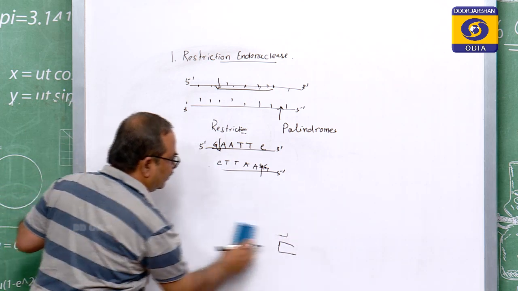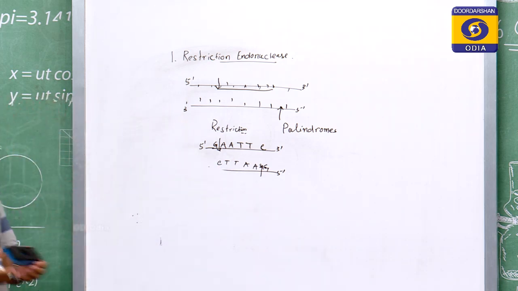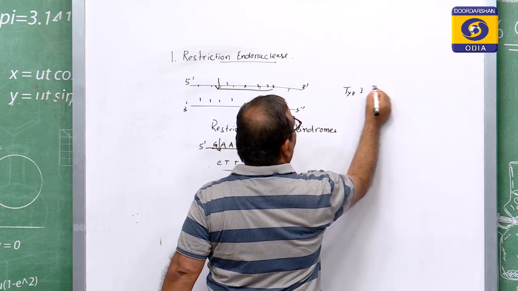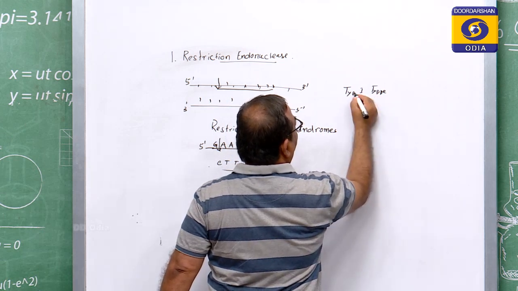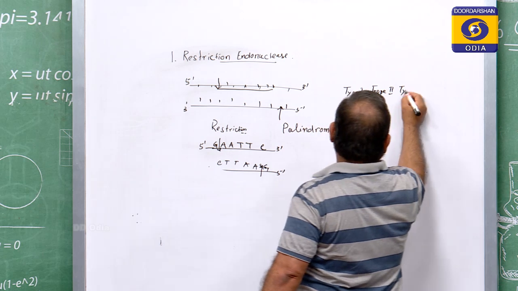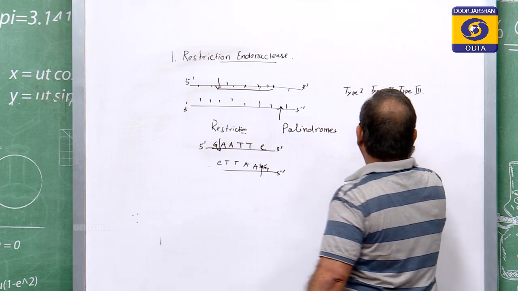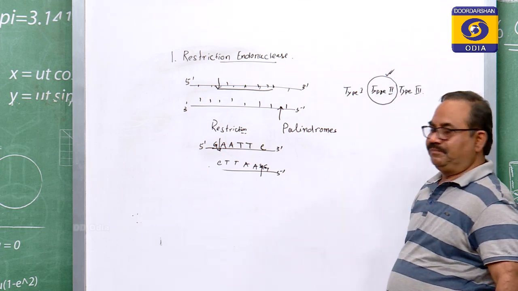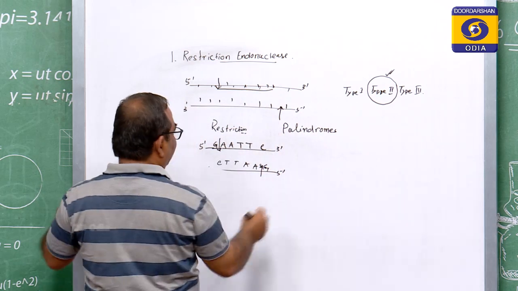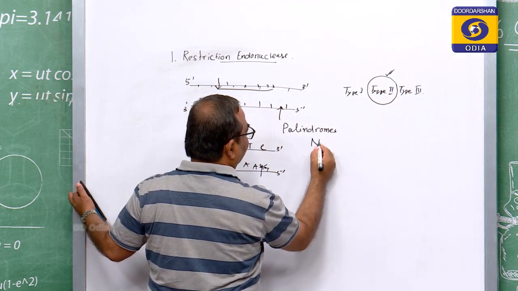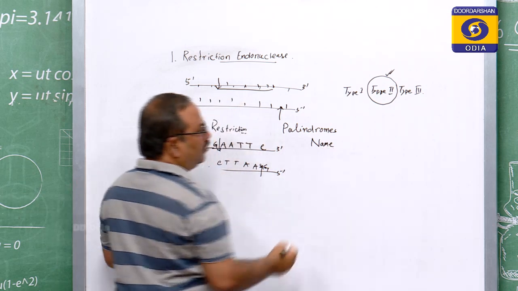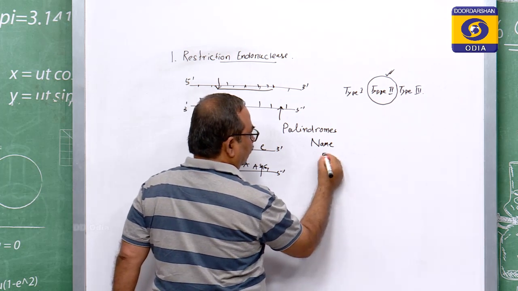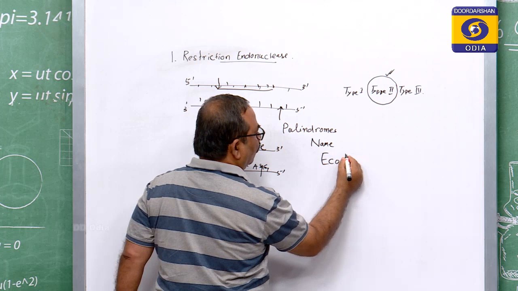And the important aspect is this is cutting at specific sites. And there are three different types of restriction endonucleases: type 1, type 2 and type 3. But in recombinant DNA technology, the type 2 enzyme is used. And these are named after the bacteria from which they are derived. Like suppose we say the restriction enzyme EcoR1.